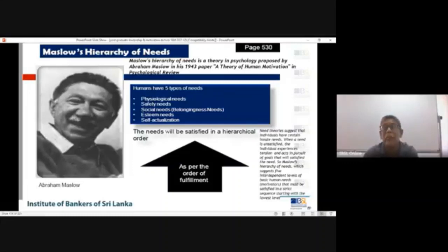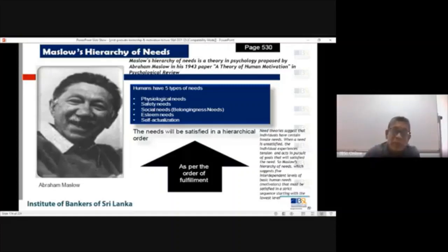The theory of human motivation in Psychological Review, where Maslow identified five types of needs in employees. Now, can you remember? An unsatisfied need creates a tension to achieve fulfillment of that need. That is how motivation takes place.